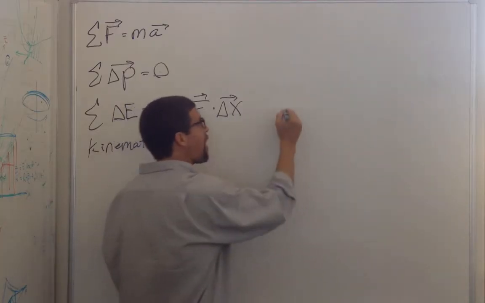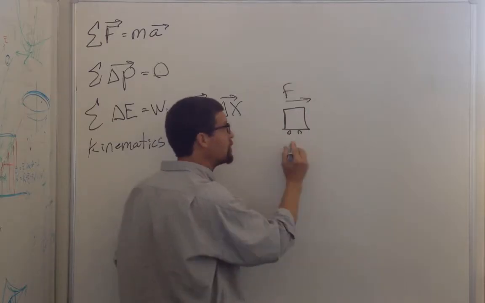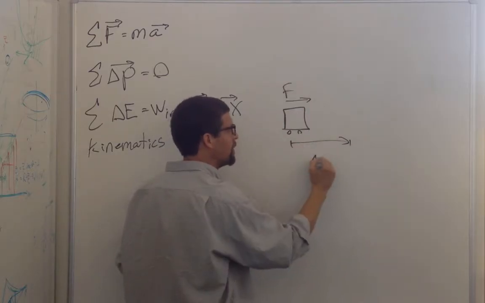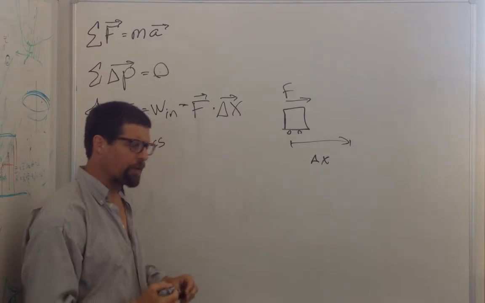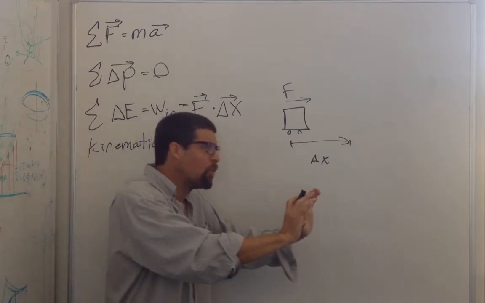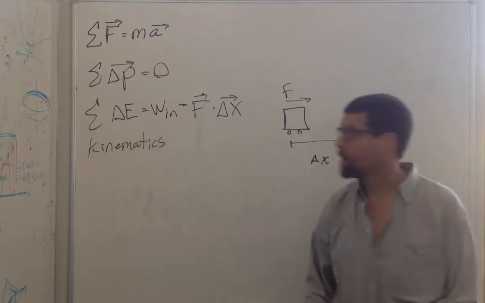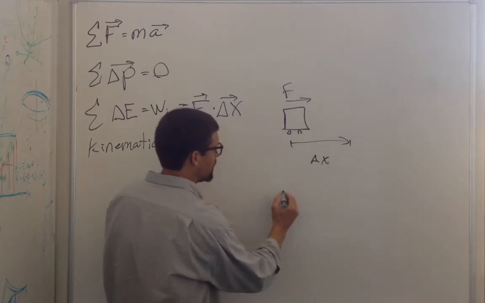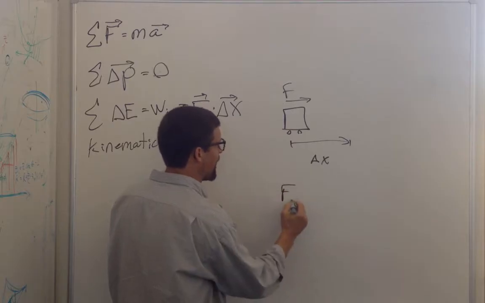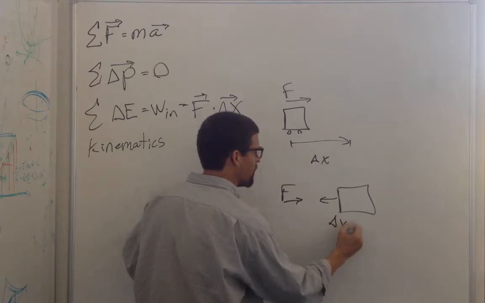Let's see what this means. Let's say there's a car and I push it with a force in this direction as it's moving in this direction. Okay, let's not look at friction. Imagine what will happen. I'm putting force on it and it's moving, it's going to speed up, its kinetic energy is increasing. Now what if the force I put on it is in this direction, but it's moving in that direction?